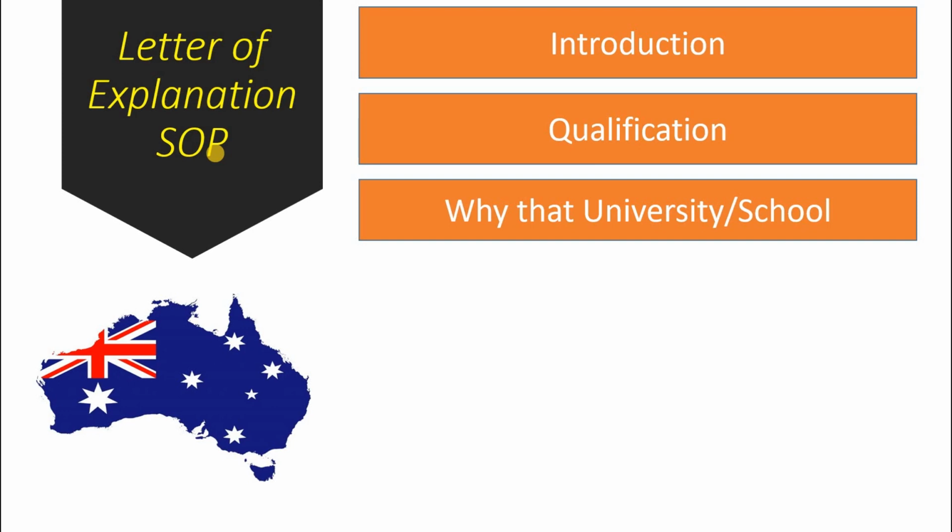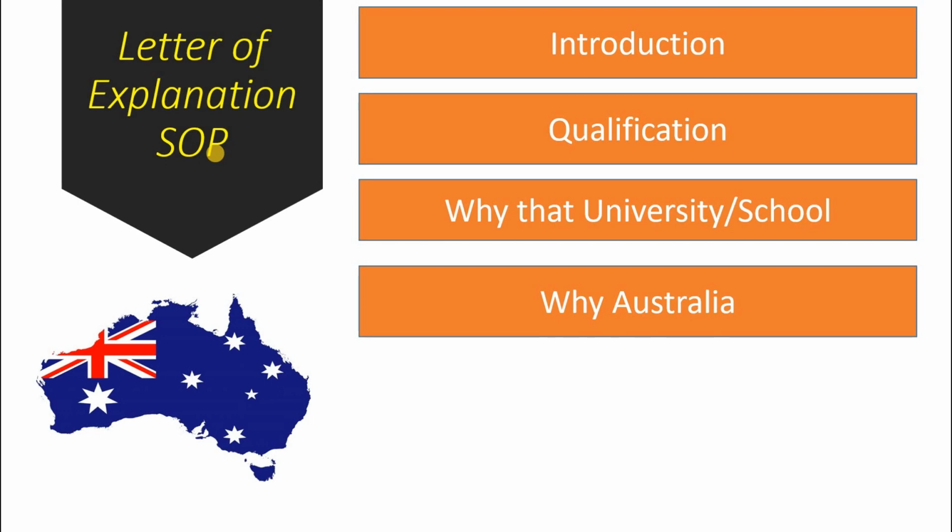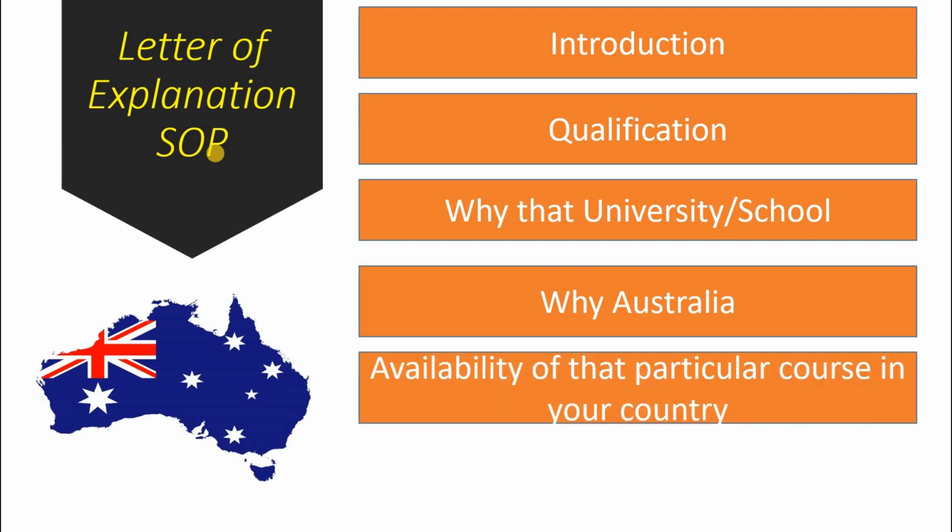Maybe because that university is the best university for your intended course or something like that. And why Australia? Because Australia offers such a good education, and the chance of getting a job back home is really good after you get a degree from Australia. And then the availability of that particular course in your country.